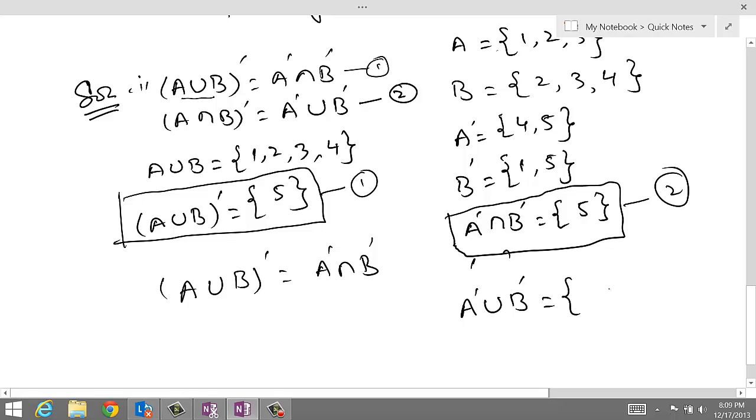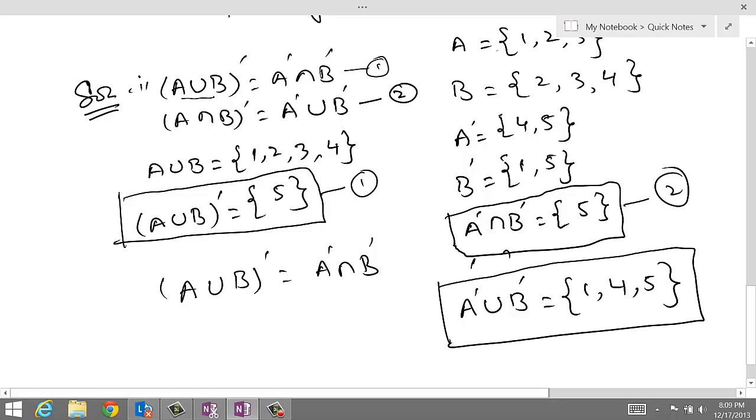The set of all elements which either belong to A complement or B complement. So this will be 1, then 4 and then 5. We are going to write 5 only once even though it appears twice. So this is the right hand side of the second De Morgan law.